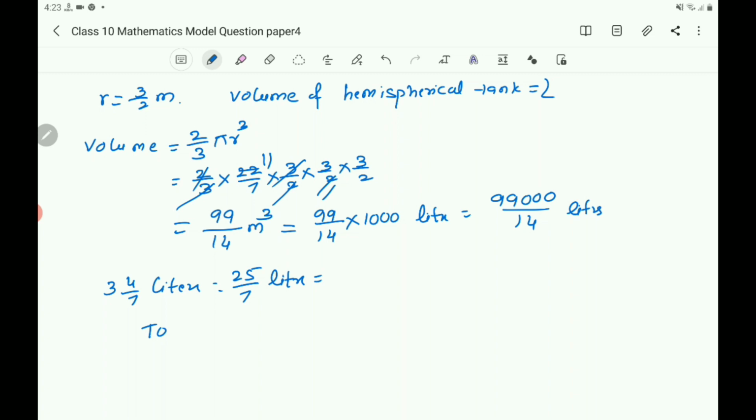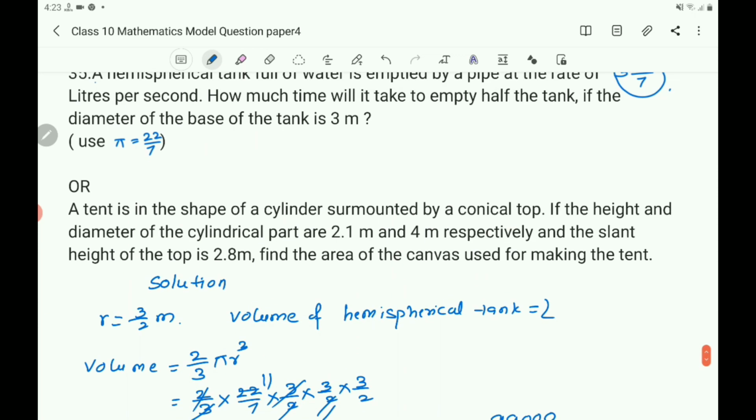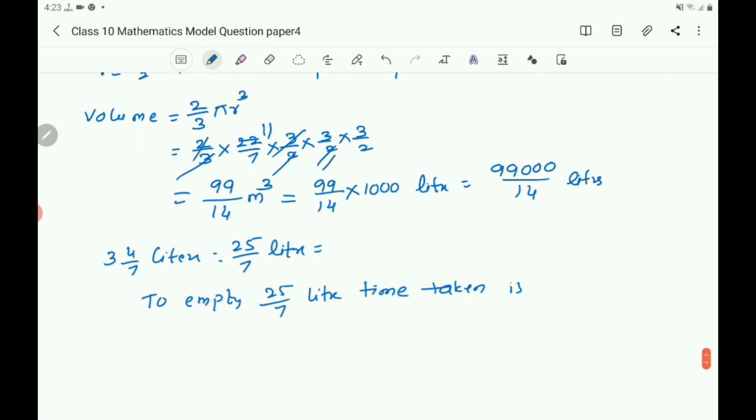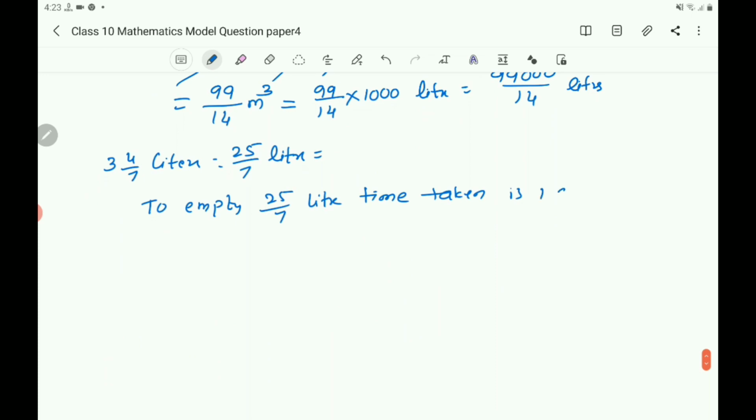So to empty 25/7 liters, the time taken is 1 second.